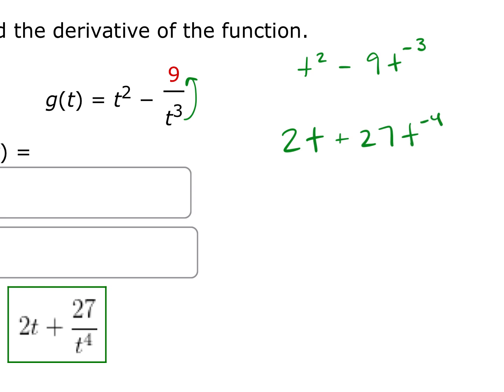And then we can move it back to the bottom. So 2t plus 27 over, since it's just the t that has the power of -4, it's just that gets moved to the bottom of this part of it, not the whole thing. So t to the power of 4. So this would be our derivative.